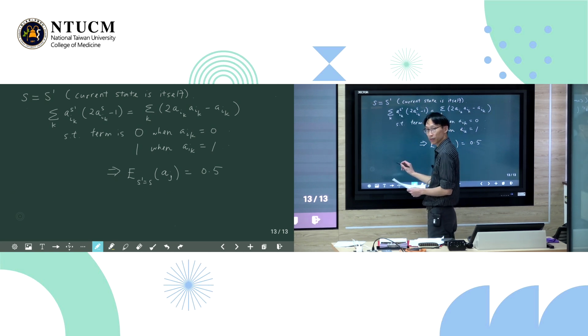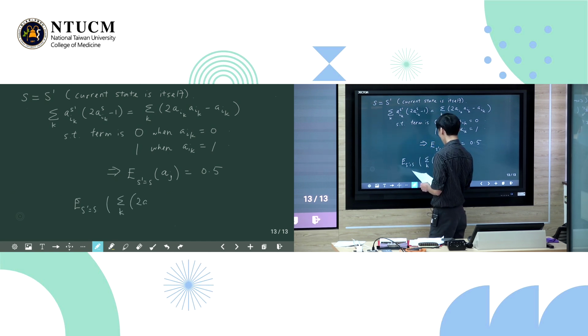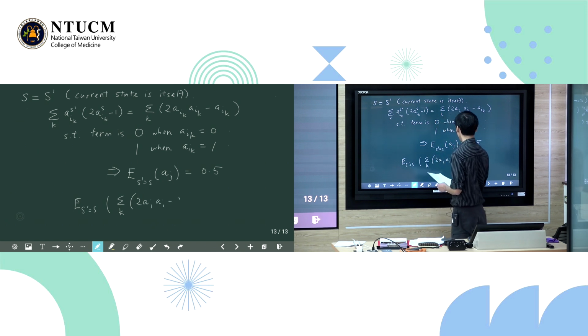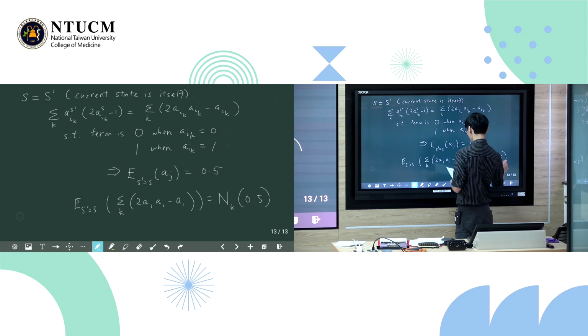Moreover, for the case where the states are the same, sum over k of that term above, okay, I'm going to drop the k here. I guess I have to put the k.